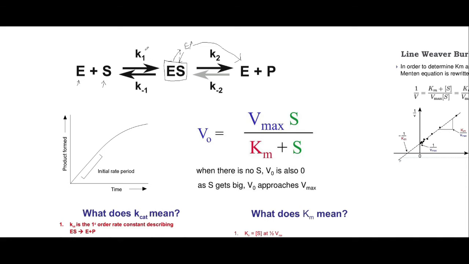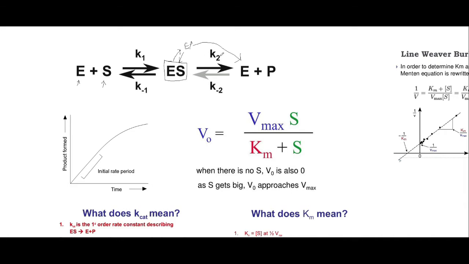So these K's here are the rate constants of these reactions. So this is the rate constant of the enzyme and substrate coming together. This is the rate constant of them coming apart without the catalysis going on.